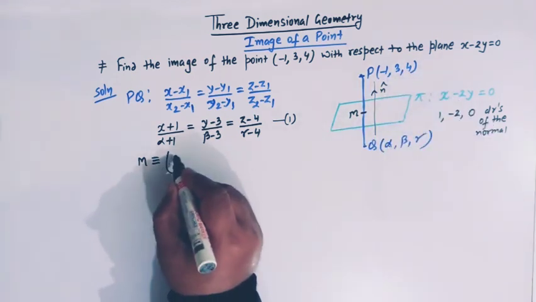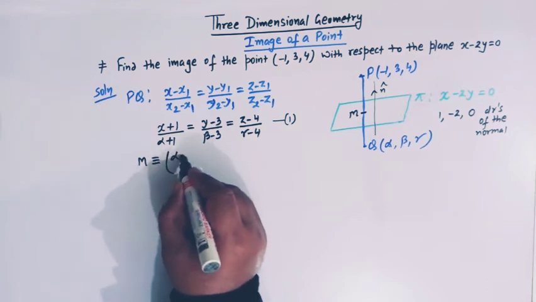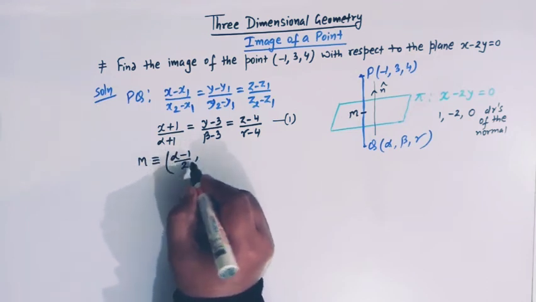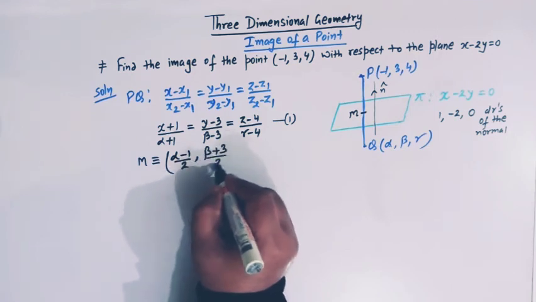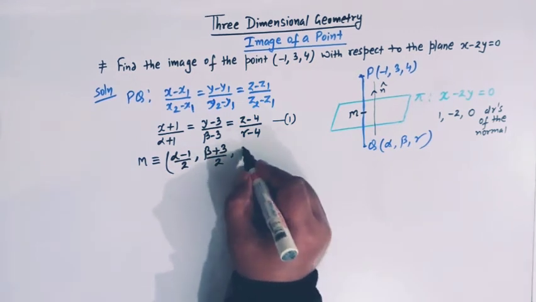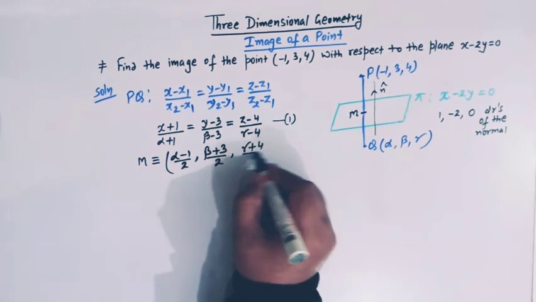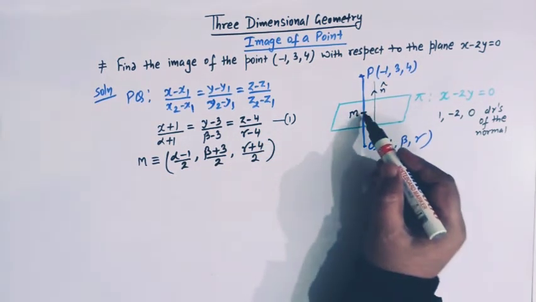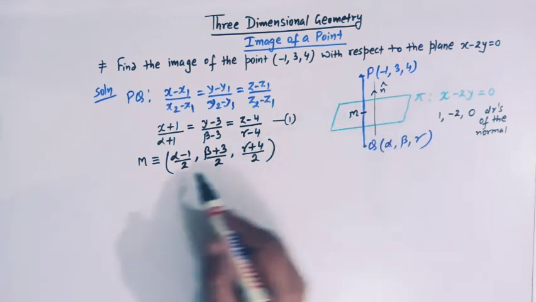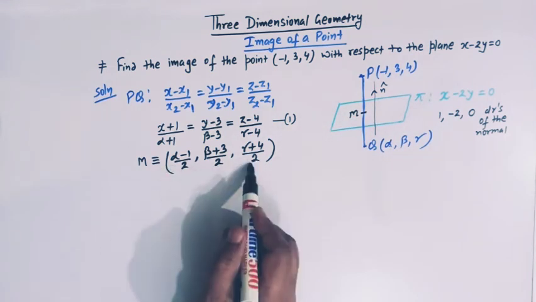So we can write it as (alpha minus 1) by 2, then we have (beta plus 3) by 2 and (gamma plus 4) divided by 2, right? So the coordinates of this point M are given like this.